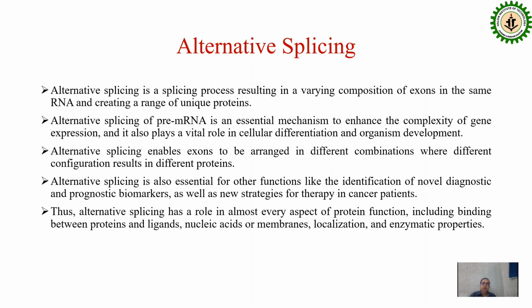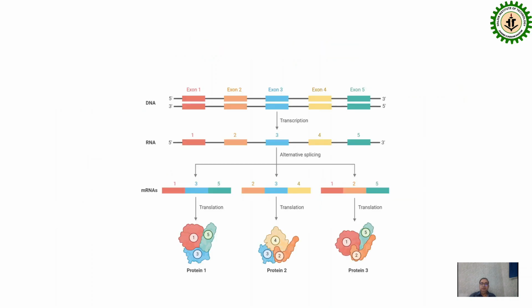Let us show some figures to explain it in a very easy way. In this figure you can see there are 5 exons depicted in different colors: exon 1, exon 2, exon 3, exon 4 and exon 5. If it is constitutive splicing, what should have happened?